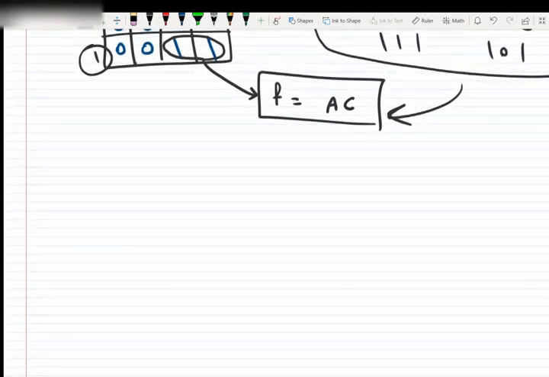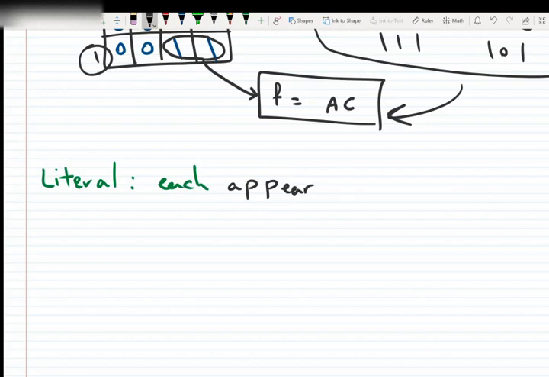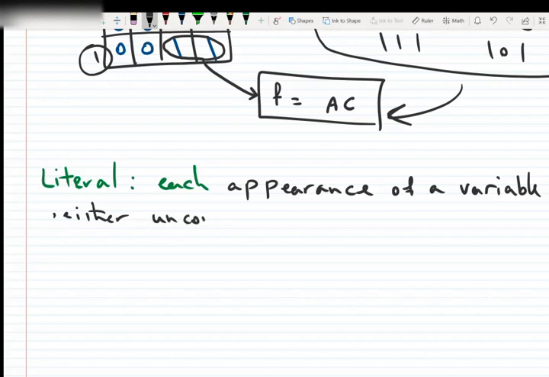A few things I should mention before I give you the terminology and the techniques you will use. The first thing we should know is the definition of literal, which is each appearance of a variable, either uncomplemented or complemented, is called a literal.